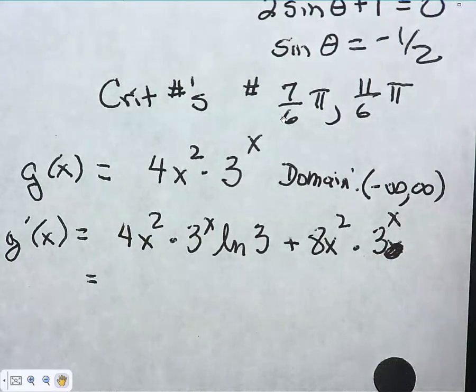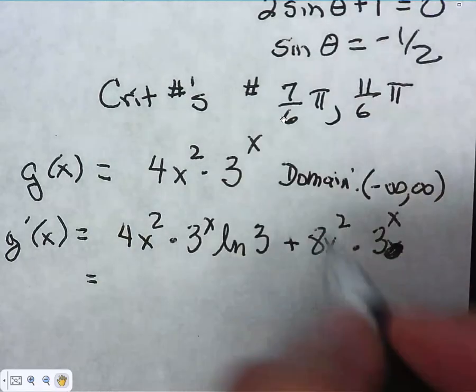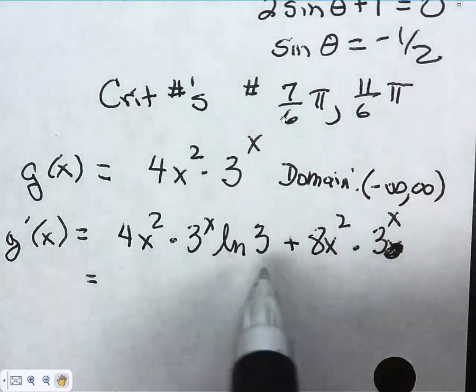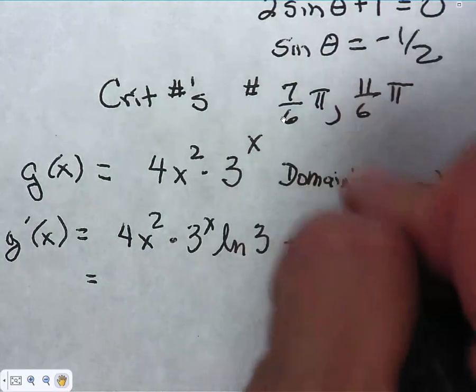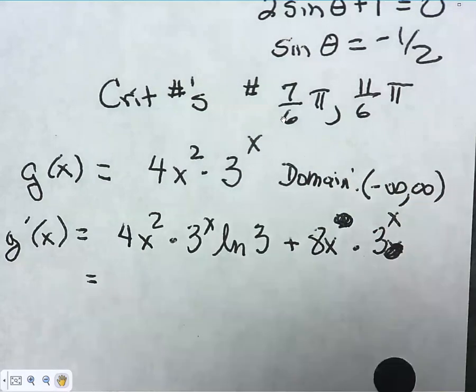It's just supposed to be 8x. Yeah, I was double checking right then. I was about to find that. First derivative of the second plus the second times the derivative of the first. I can factor out.